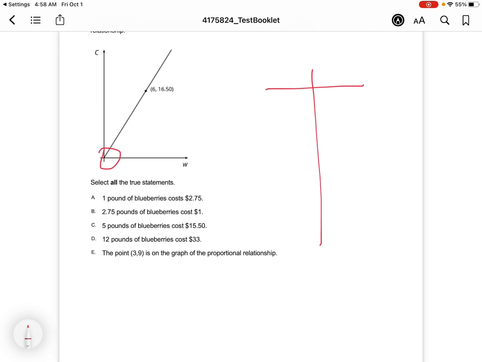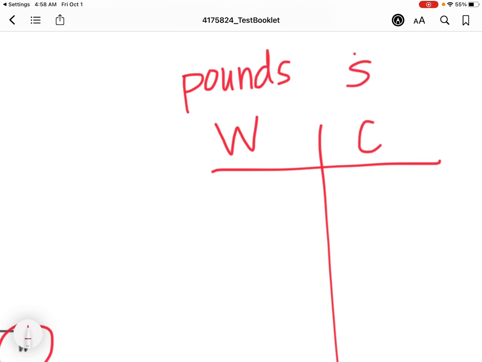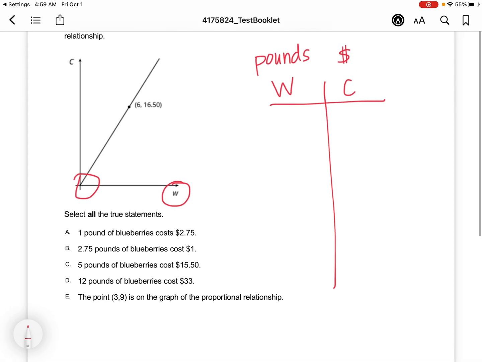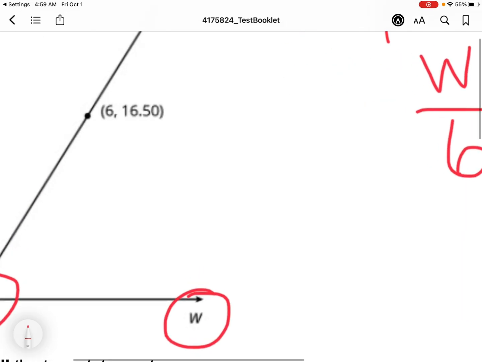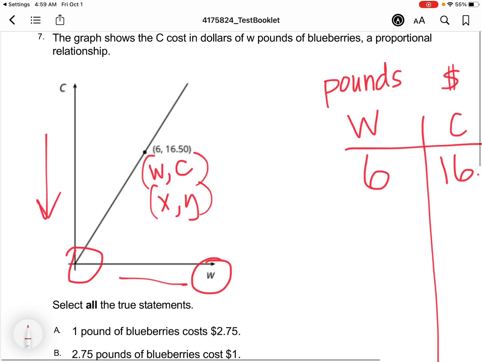So I'm going to go with, this is the weight, so this must be the pounds, and this is the cost. So I know that it's 6 pounds for $16.50. And I know that because my W and then the other one is my C, because my X and my Y axis. So this is the X and this is the Y axis.